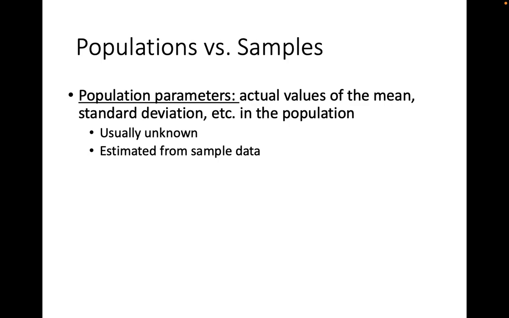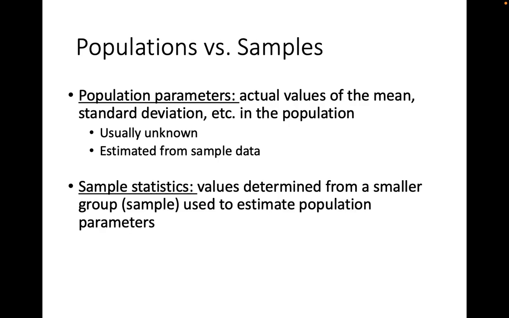They therefore need to be estimated based on information from samples. Sample statistics are when descriptive statistics such as the mean and standard deviation are determined from scores in a sample and are used to estimate or represent population parameters.